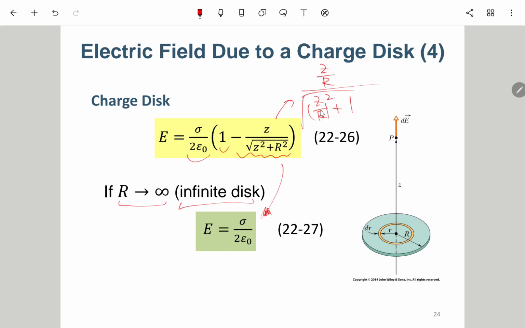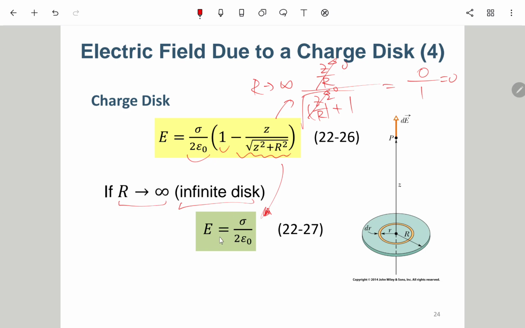If R is infinitely large, this term will be 0, this term will also be 0, so it becomes 0 over 1, which is 0. If R tends to infinity, it means that R is much larger than z. So in that case, if we assume R is infinitely large, the second term vanishes.